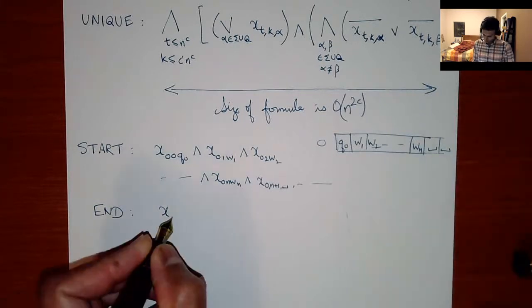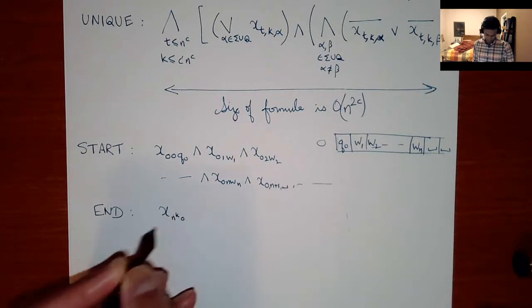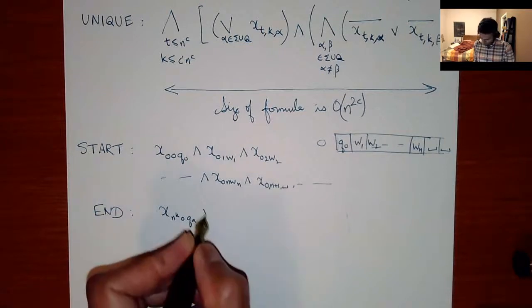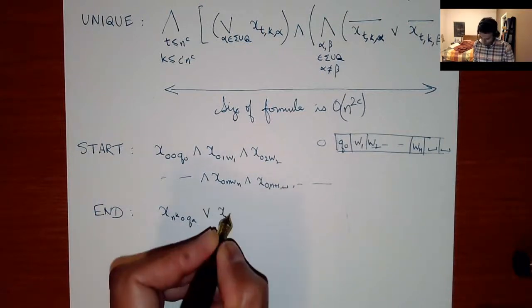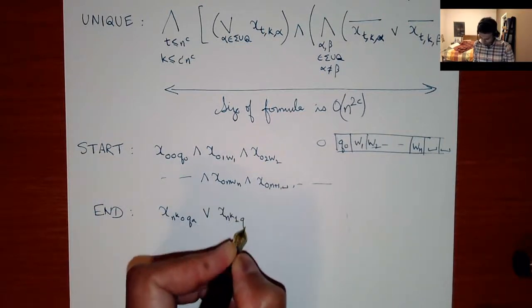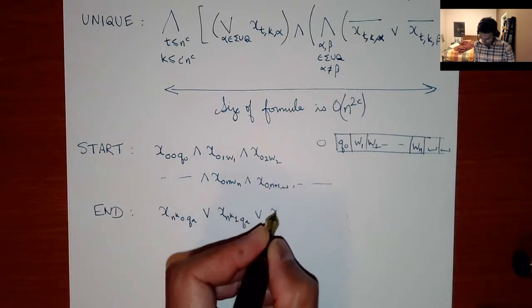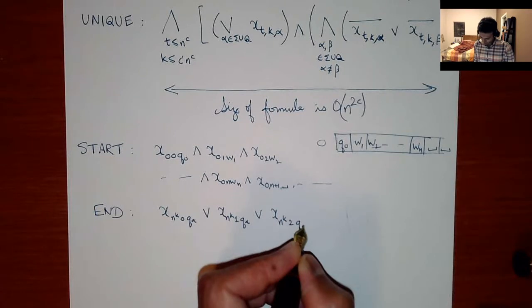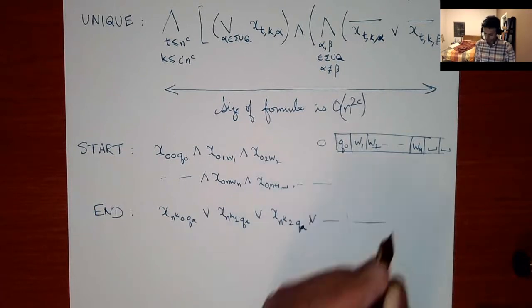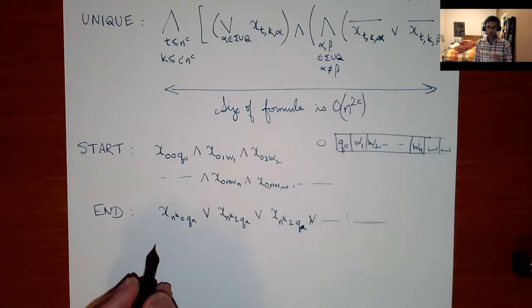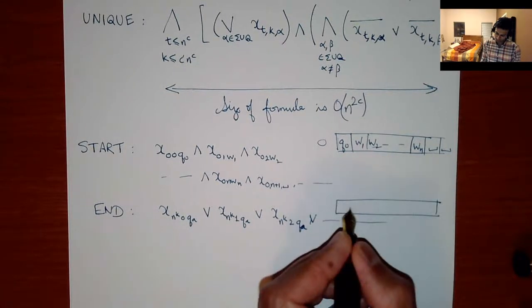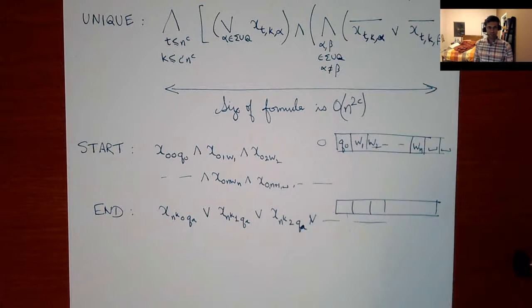So we'll say x n to the k 0 q accepting, or x n to the k 1 q accepting, or x n to the k 2 q accepting, so on and so forth. This is just saying that in the final Tableau, one of the symbols has to be the accepting symbol.